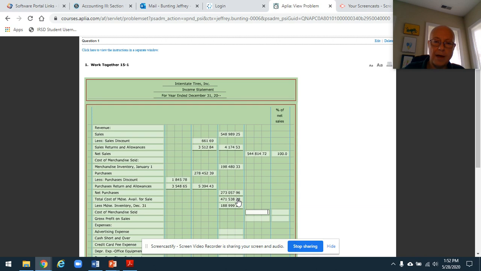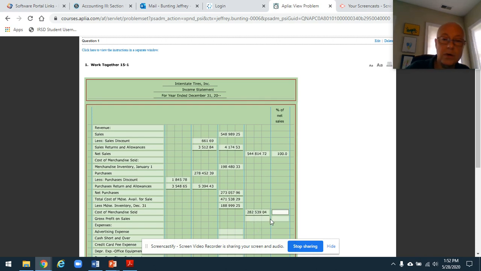So then we're going to run the math. Everything we had to sell minus what we got left, this should indicate the total cost of everything we purchased to resell that we actually did sell during the course of the year. So we're looking at $282,539.04. My math is right.